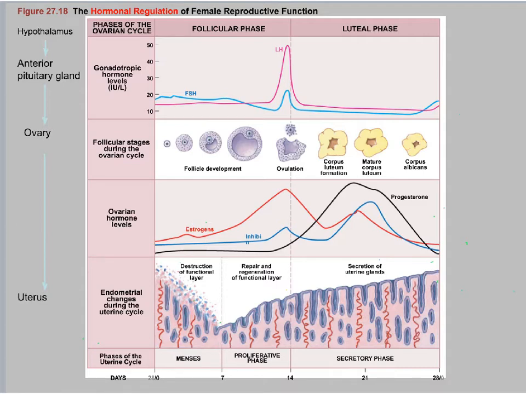So, of course, during menses, estrogen is going to gradually increase. And when you move into the proliferative phase, it increases quite dramatically. And then there's a small dip during the secretory phase, and then it comes back up again and then drops to a point that's going to trigger menses.